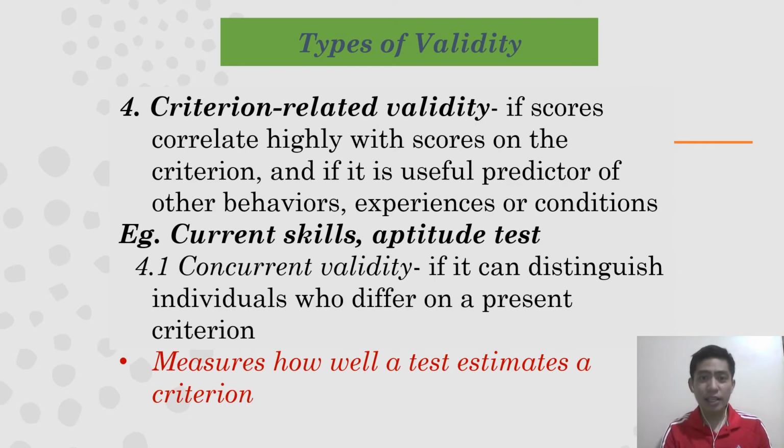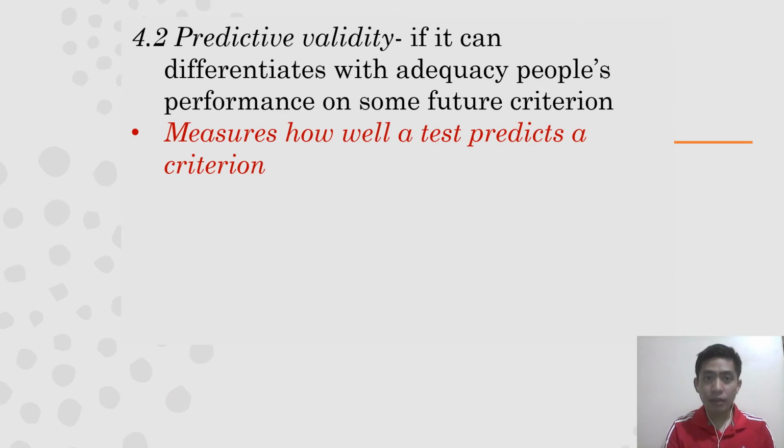Concurrent validity is if it can distinguish individuals who differ on a present criterion. Predictive validity is if it can differentiate the adequacy of people's performance on some future criterion.